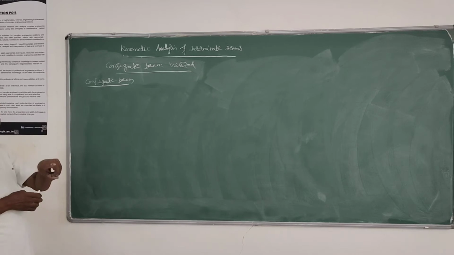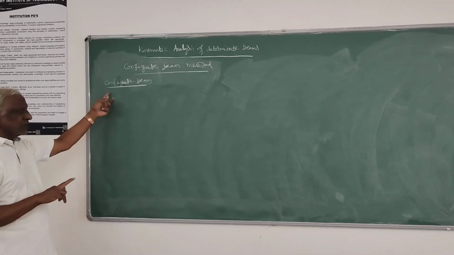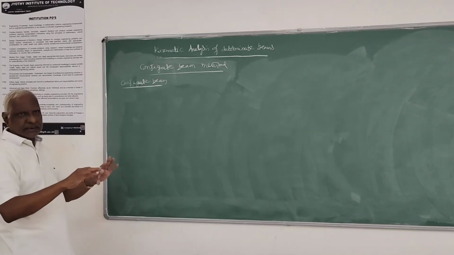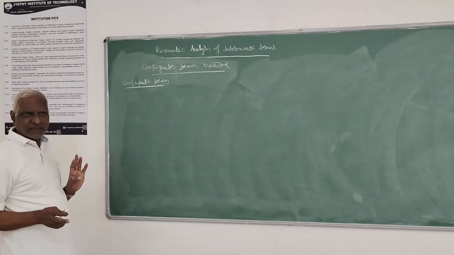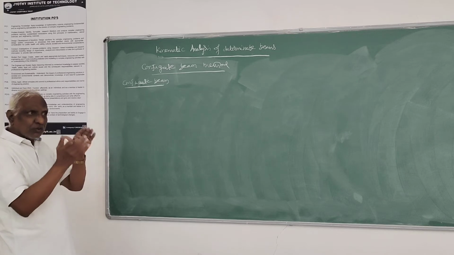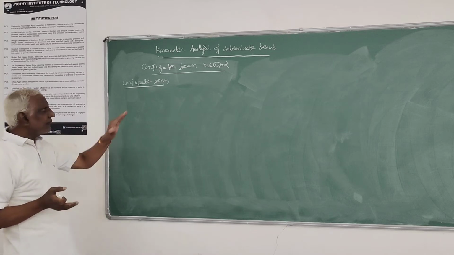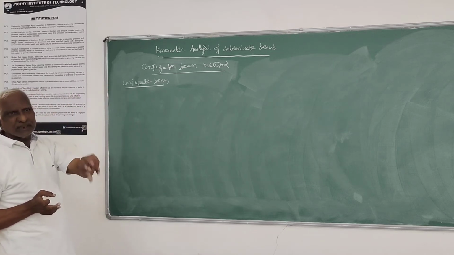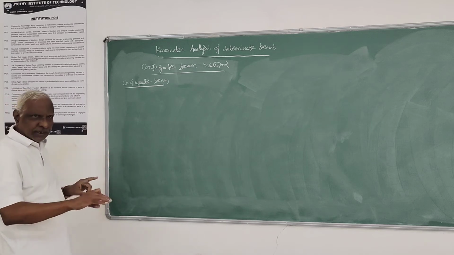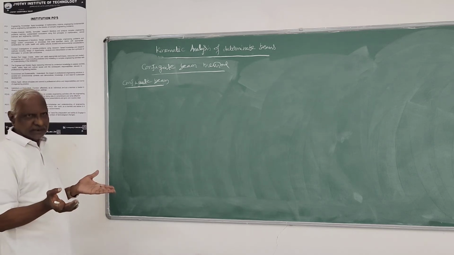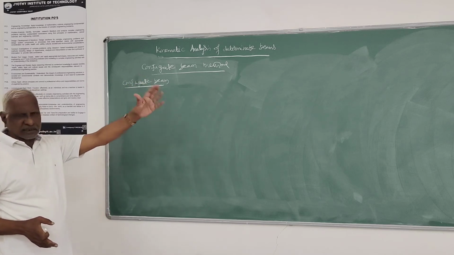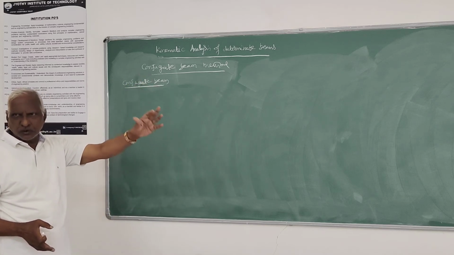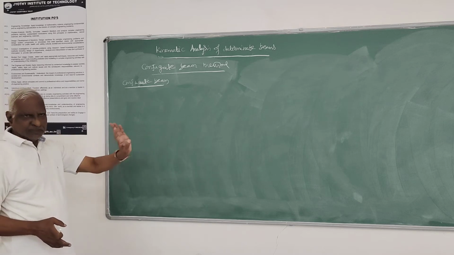But the loading and boundary conditions of the conjugate beam will differ from the real beam. I will give you the differences between the conjugate beam and the real beam in terms of loading and boundary conditions. In the real beam, whatever gravity load is there, concentrated load, UDL, moment, it will be there.